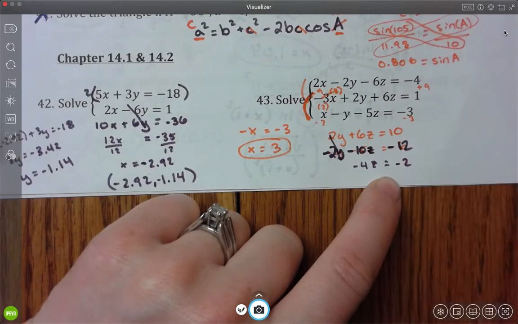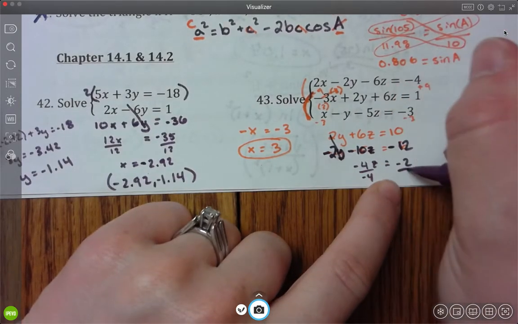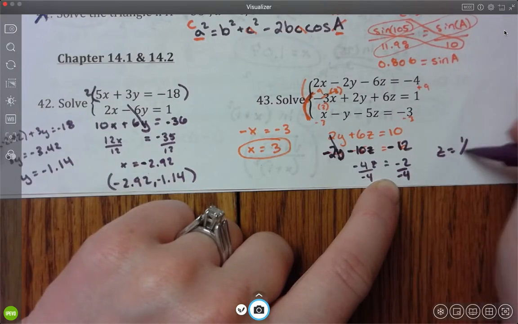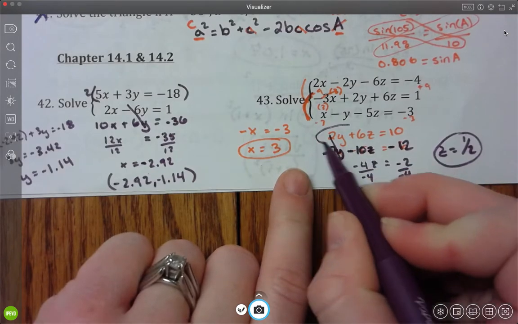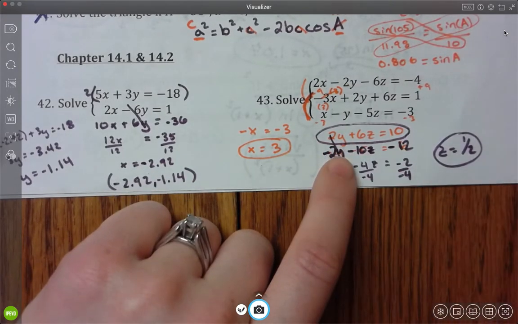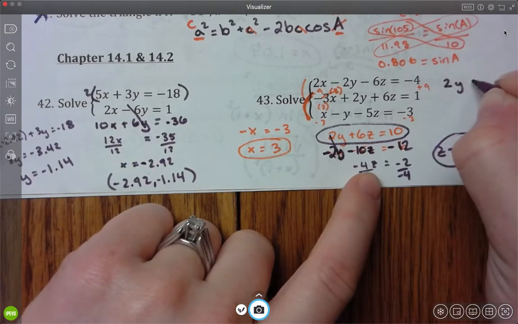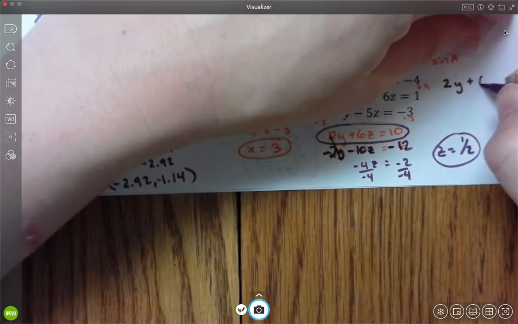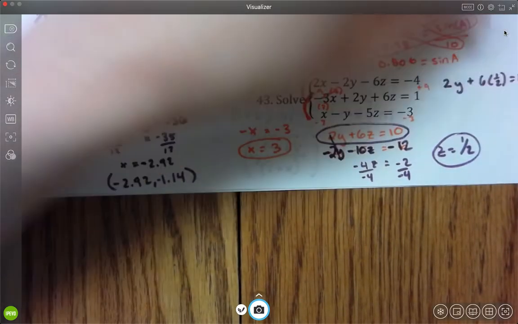I'm going to have a fraction here. If I divide by negative 4, z is going to be 1/2. Okay, so I have my z variable now. Now I can go back up here, maybe to that equation, since the other one's kind of messy now. And I can plug in 2y plus 6 times 1/2 equals 10. And then we'll get an answer there for that guy.